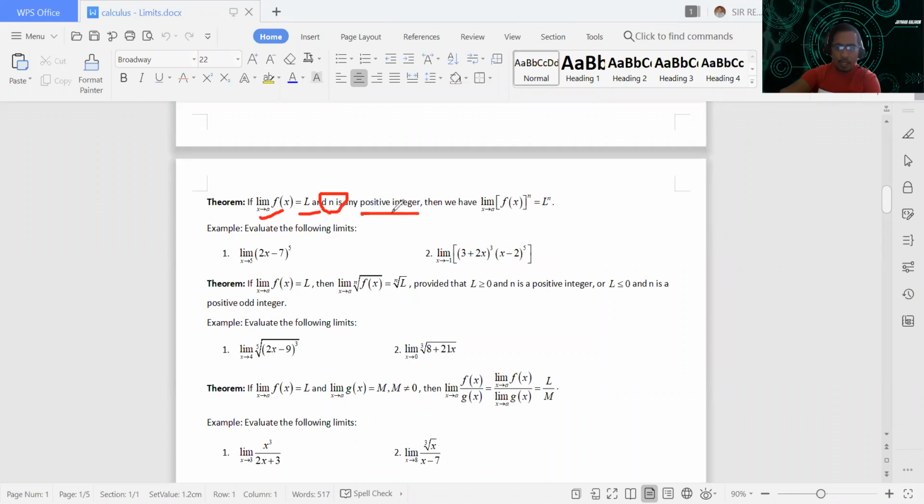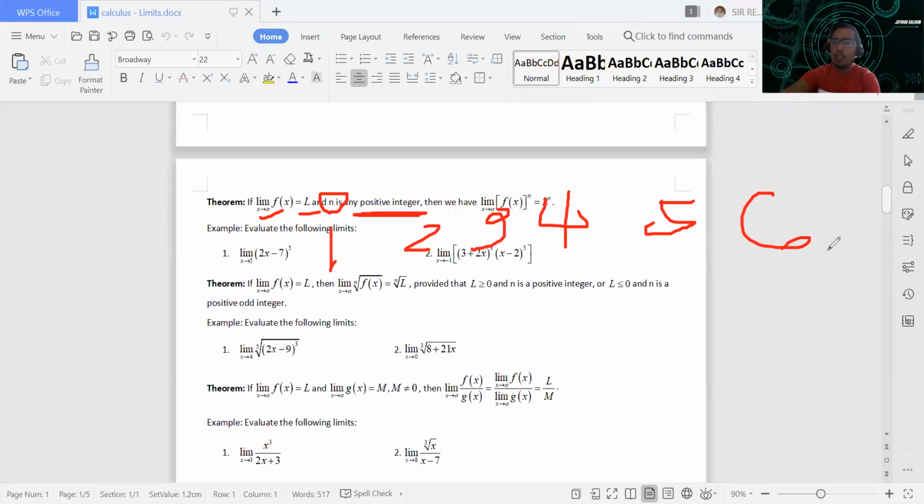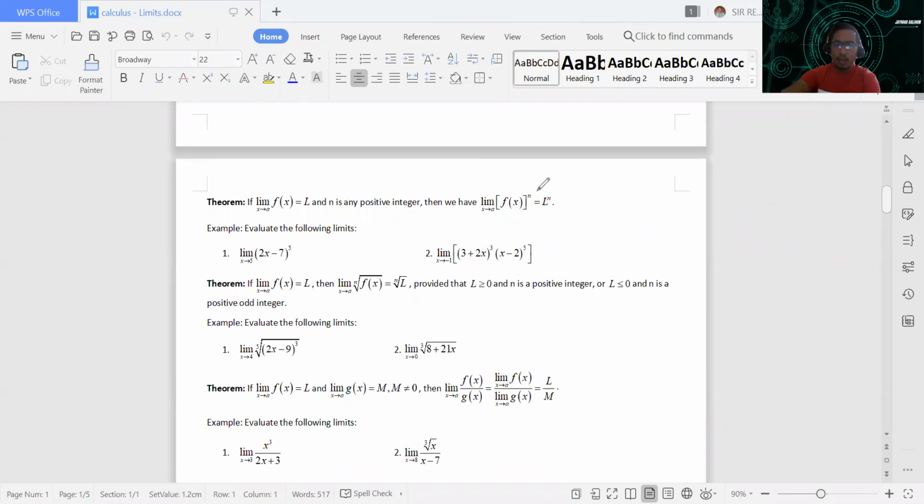Again, positive integers, positive whole numbers, say for example 5, 6, 4, 3, 2, 1, and so on. That is the value of your n. If you know the answer of the function inside, you just get the power of that certain answer.